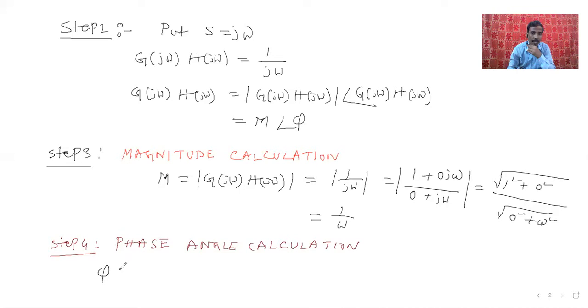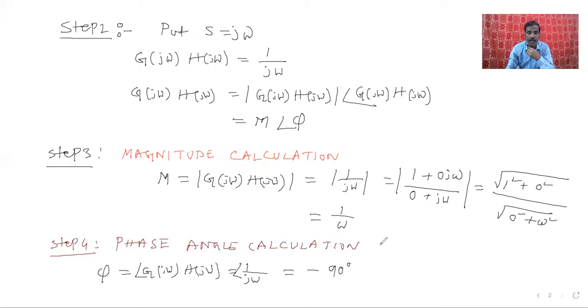Phi equals the angle of G(j omega)H(j omega). This is equivalent to 1 by the angle of j omega, that means minus 90 degrees.